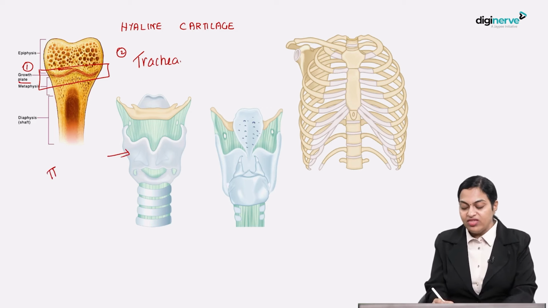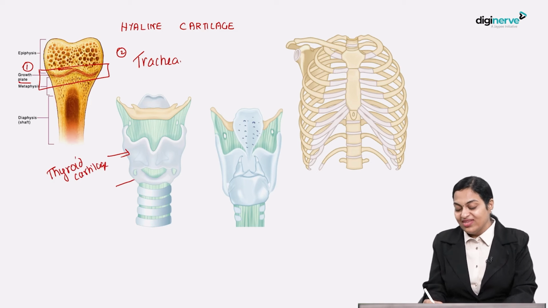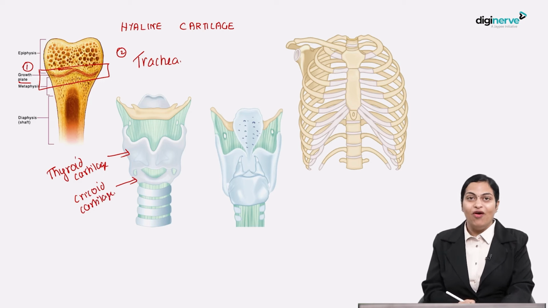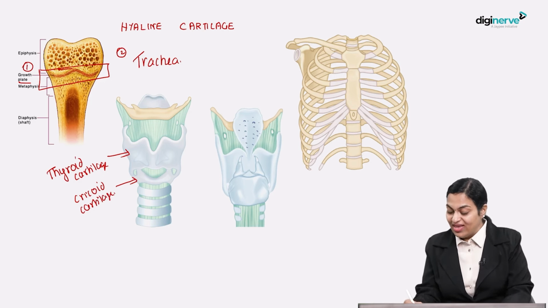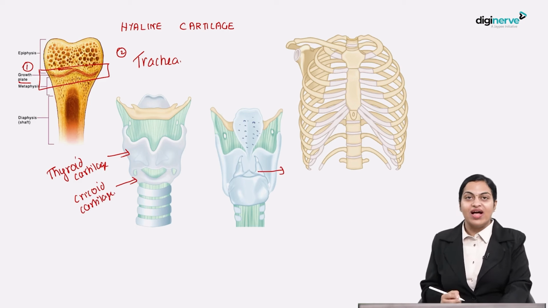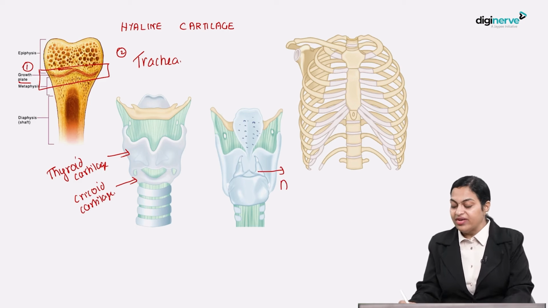Again, the cartilages of the larynx, the thyroid cartilage and the cricoid cartilage are made up of hyaline cartilage. And can you identify what is this cartilage of the larynx? Arytenoid. Most of the arytenoid is made up of hyaline cartilage.